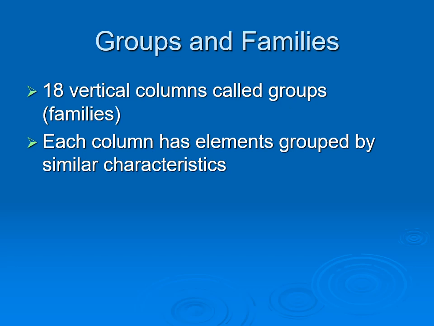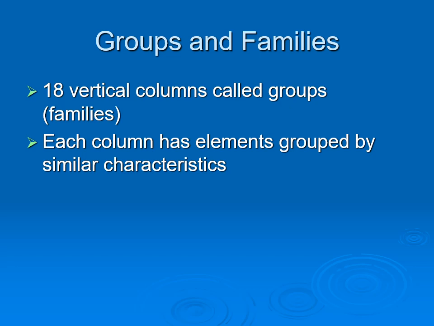Whether you call it a group or a family, they're both interchangeable for the periodic table. But the periodic table has 18 vertical columns. Each of these columns is unique in that the elements grouped within that column would typically have similar characteristics in some way, shape, or form. That's why they're grouped together.